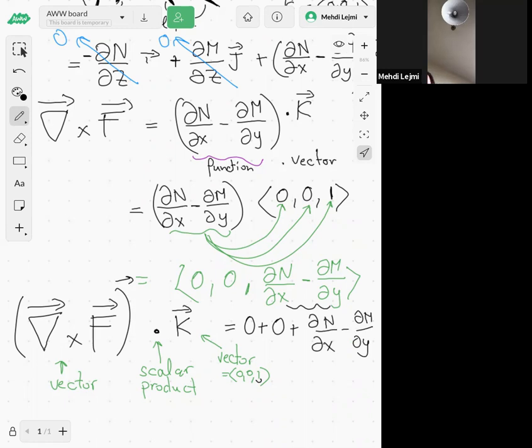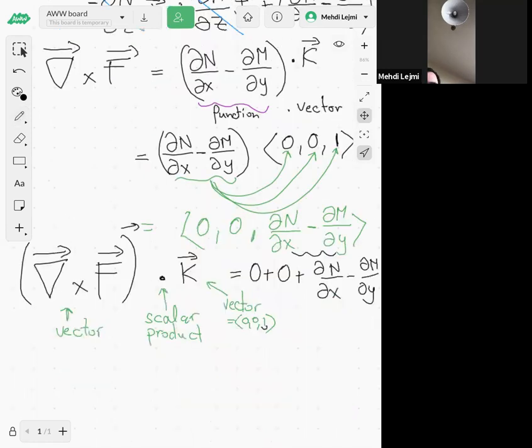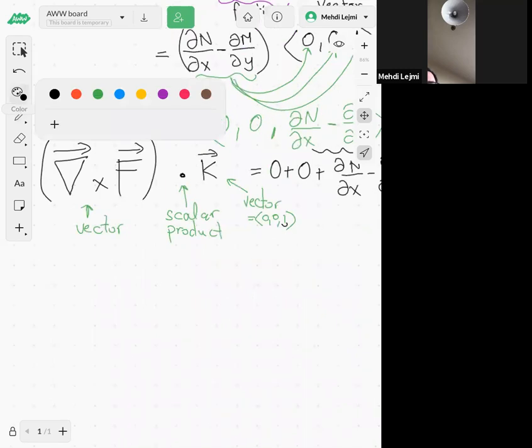So all I'm saying, guys, is that the conclusion of this computation is the following.